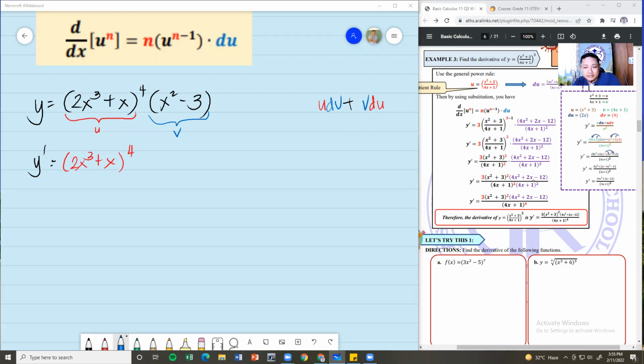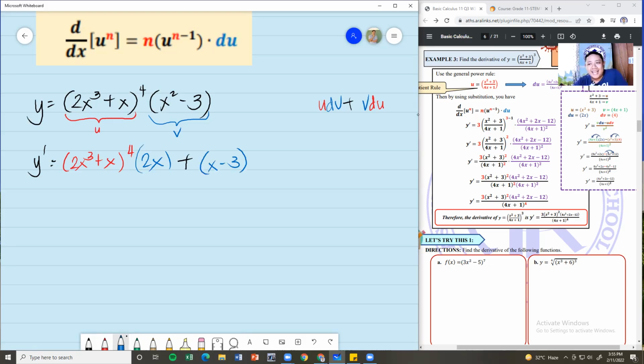As simple as that. So we will have here 2x. Okay. Simple, right? Next, plus. Oh, v na tayo. Let's just copy v. As simple as that. So we will have here x squared minus 3. Just copy.